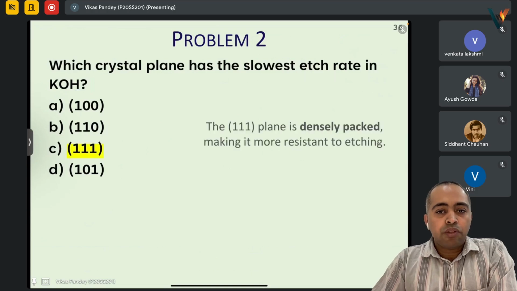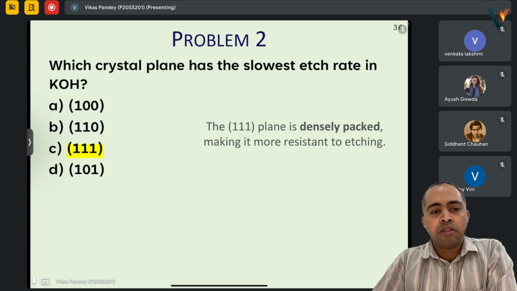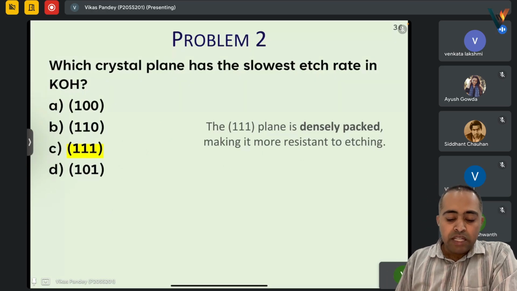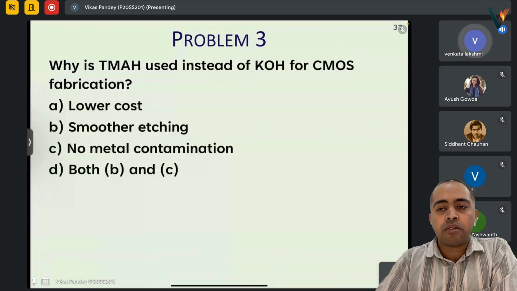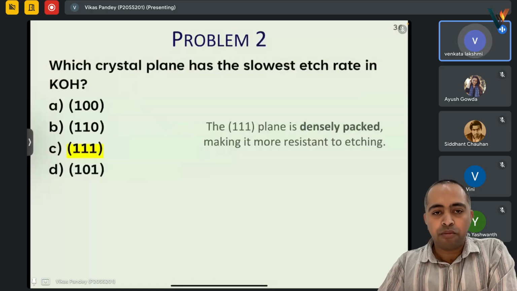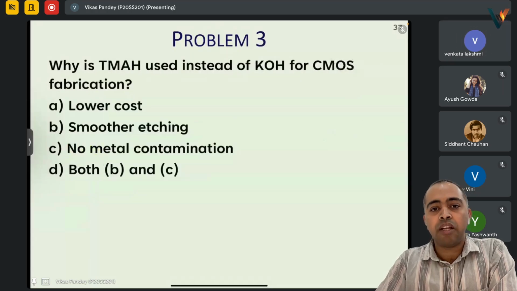It is the 111 plane as it is densely packed, making it more resistant to etching. And which one will be the fastest? It is 100, sir. The 100 plane is the fastest. Resistance means breaking the bond itself is difficult, sir. Yes, breaking the bond is difficult.